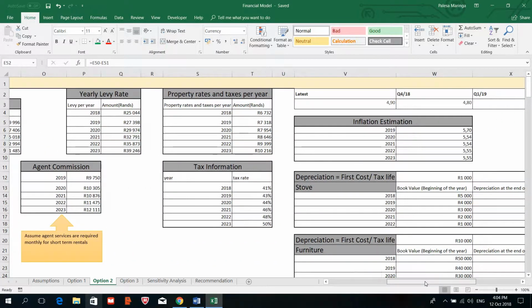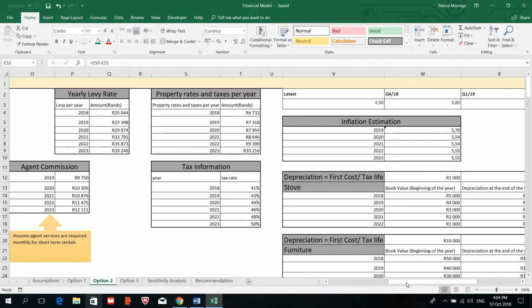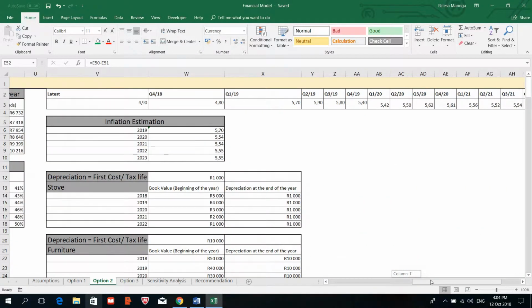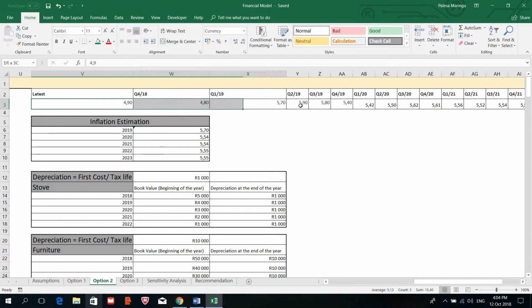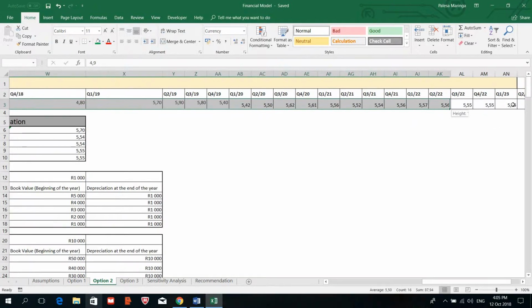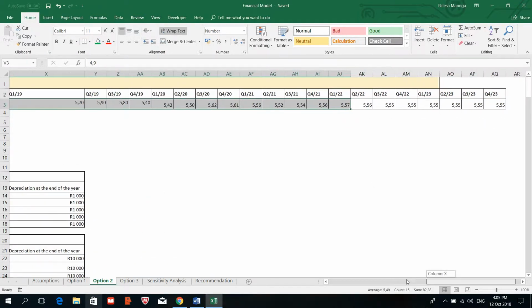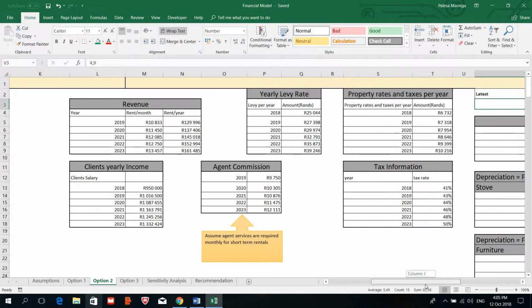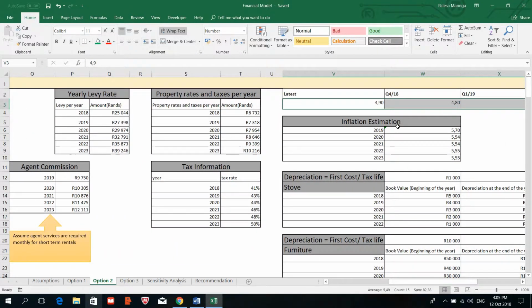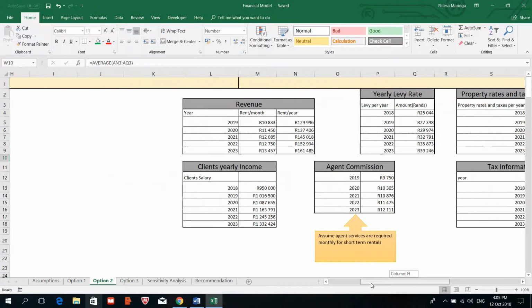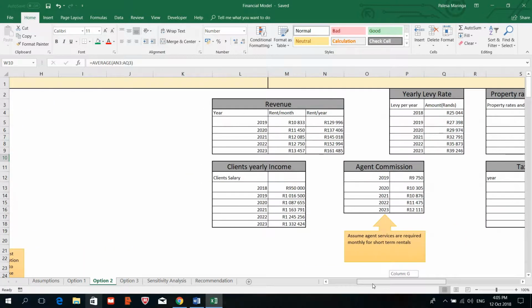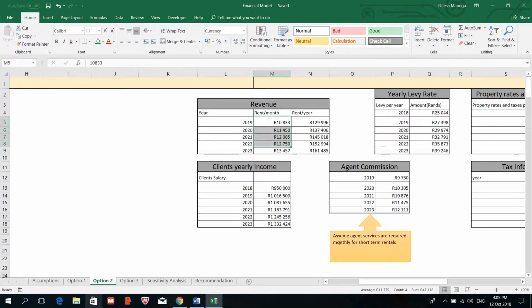The inflation rate estimations were taken from a fact sheet. A moving average of this inflation rate was calculated for the next 5 years, and the rent amounts were then inflated using the inflation rate.